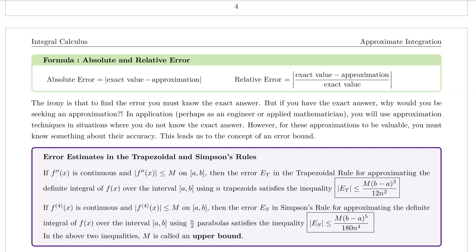In the above two inequalities, capital M is called an upper bound. Let's put this into practice.